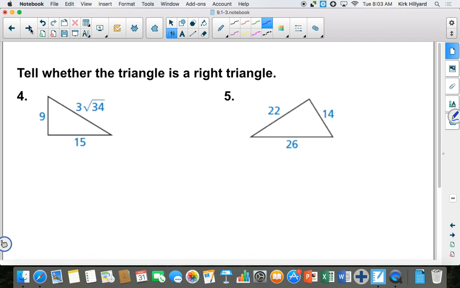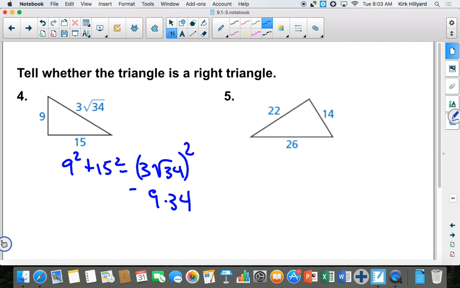All right. This would be the same thing, again, just checking those. 9 squared plus 15 squared equals 3 squared is 34 all squared. So when you're squaring this problem here, you have to go 3 squared, which is 9, and you have to multiply it by the 34.